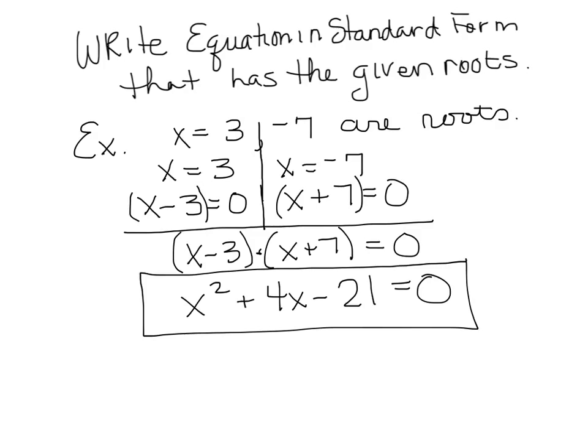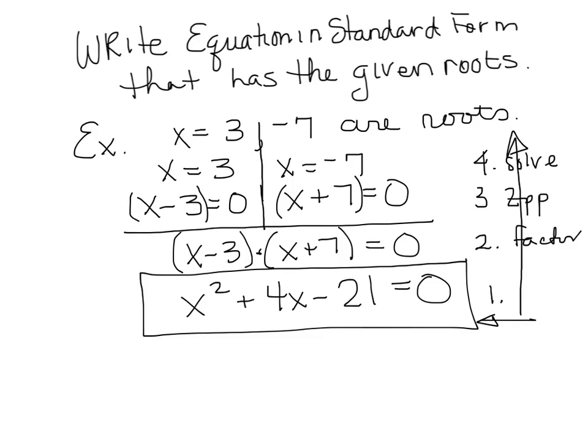So if you think about it, all I've done is the exact problem where I've worked it backwards. Maybe if you looked at this first, that looks like how the question usually looked, and your second step would have been to factor it. Your third step would have been the ZPP, right? And then finally the fourth step, you would have solved each individual. So going backwards is exactly what we did in the previous two problems.